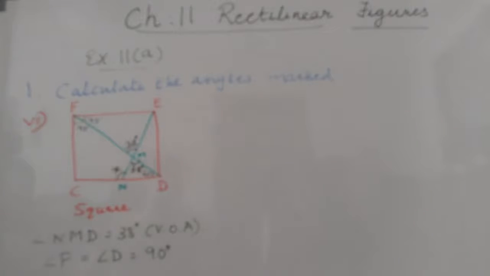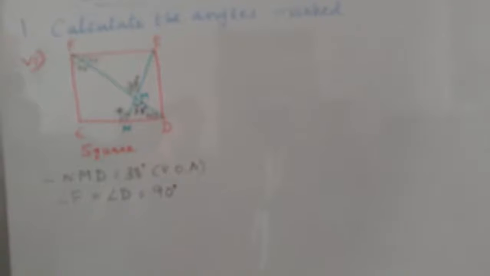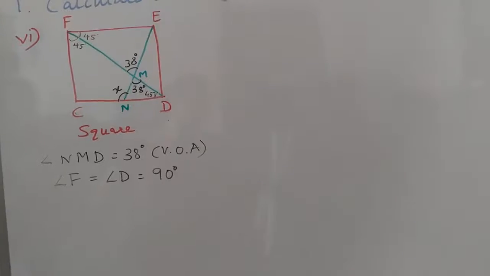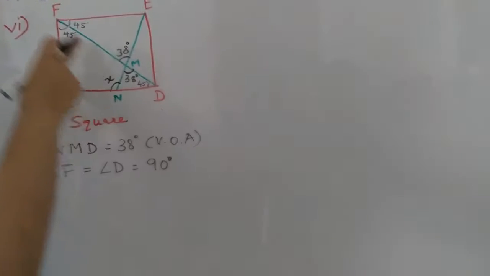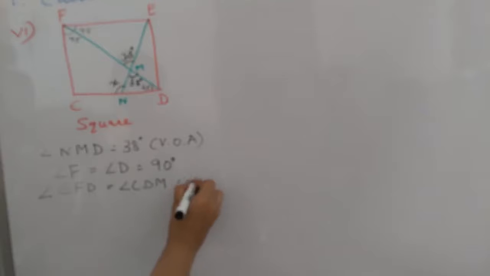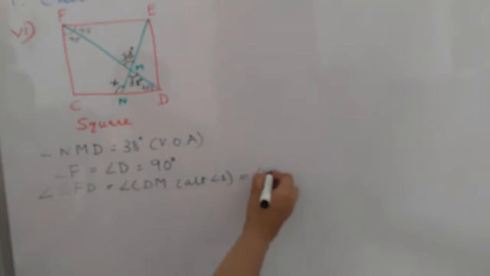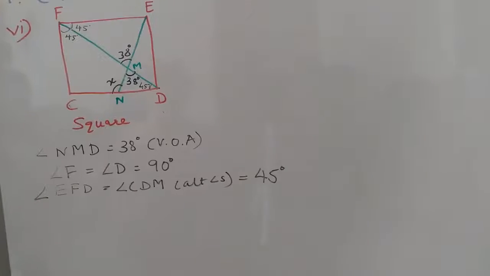We all know that in a square all the angles are of 90 degrees. Then we can write FD, the diagonal, bisects the angle. So angle EFD is equal to angle CDM. These two are forming alternate angles, so they are equal, 45 degrees, 45 degrees.